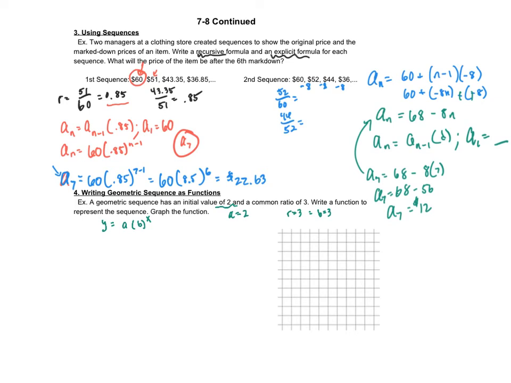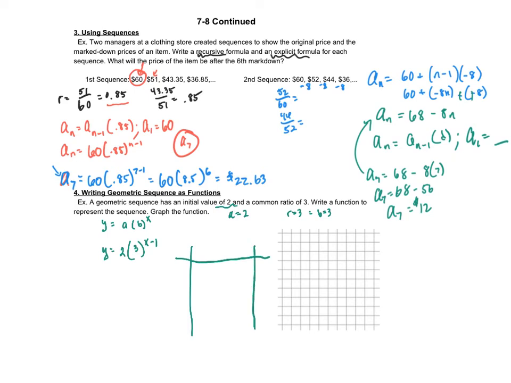Well, if a is 2, I have y is equal to 2 times my growth, which is common ratio or growth is 3, and that's going to be raised to the x minus 1 power. And there is a formula for my sequence, and if I'm going to graph that, pretty simple.